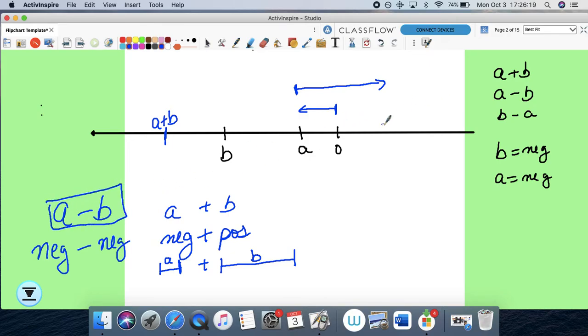Now, if you think about it, what am I doing with the absolute value of a and the absolute value of b? Am I combining those two? No. From the absolute value of b, I'm subtracting the absolute value of a.